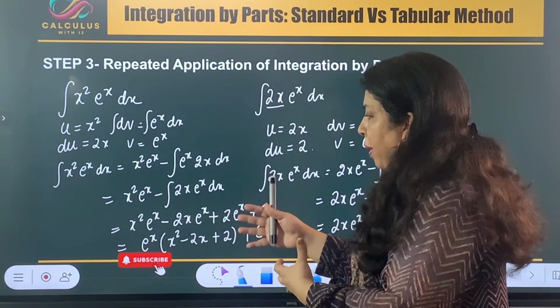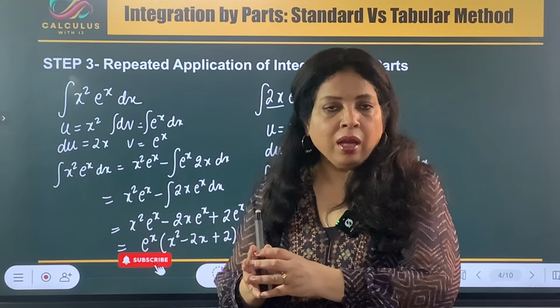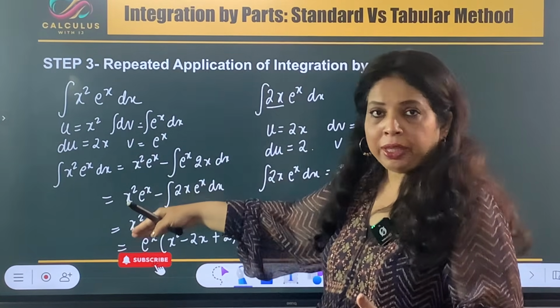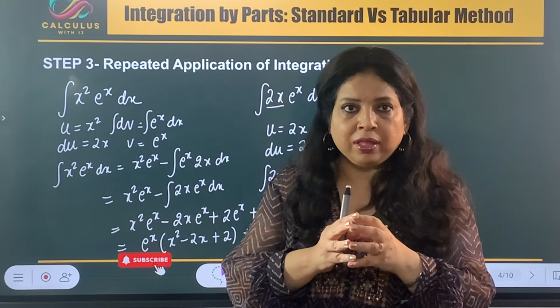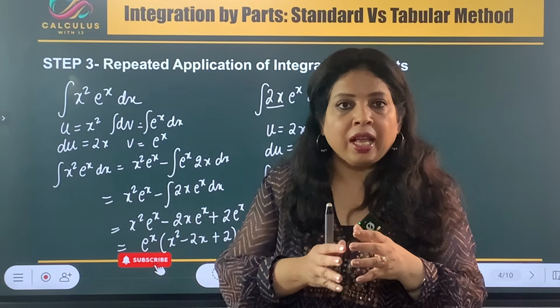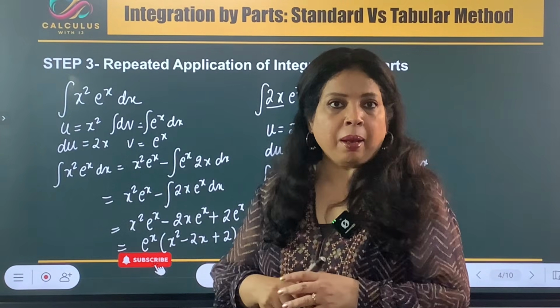So instead of applying the integration by parts formula repeatedly, we create a small table. One column of the table contains derivatives and the other column contains integrals. So let's apply the DI method to the same example.